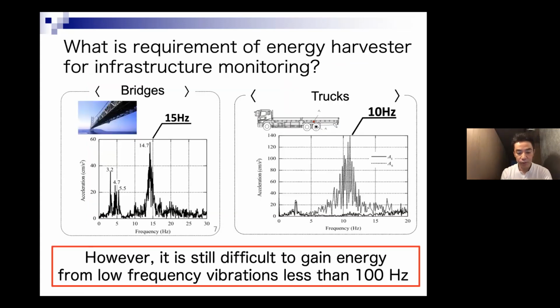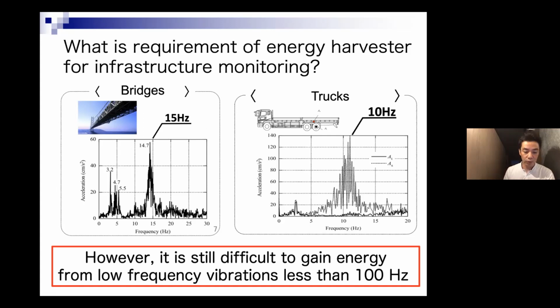However, if you want to monitor these infrastructures, we need to create energy from low frequency vibrations. For example, the vibration of a bridge has a resonance frequency of around 15 Hertz, and trucks around 10 Hertz.